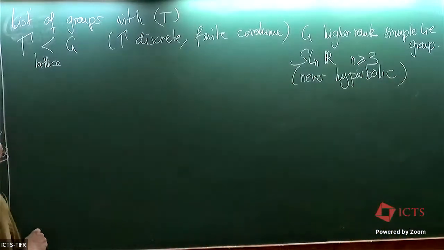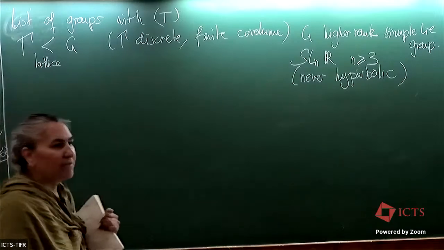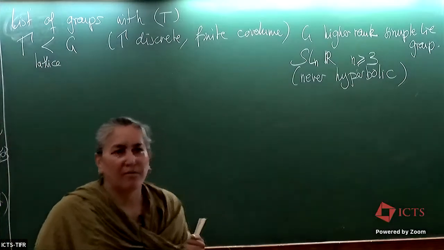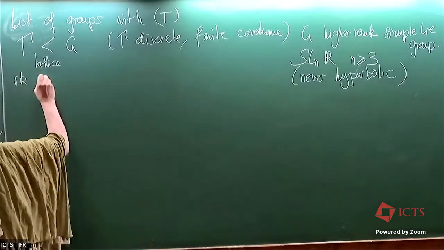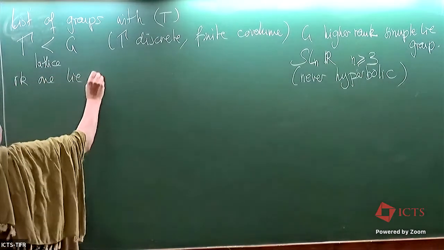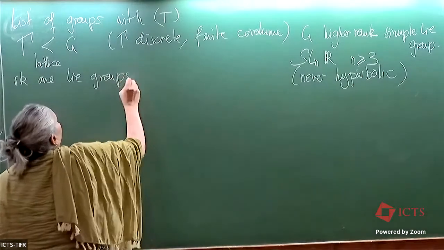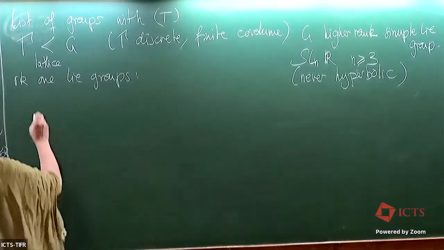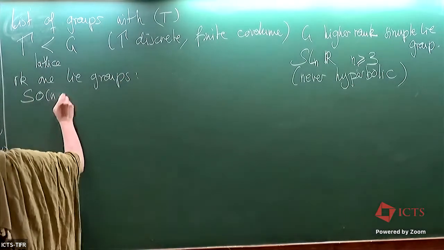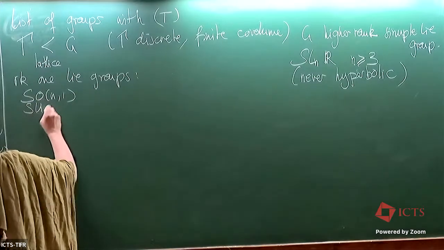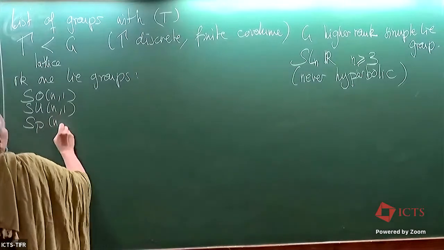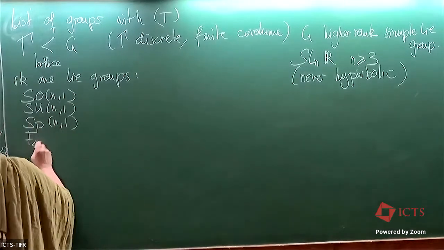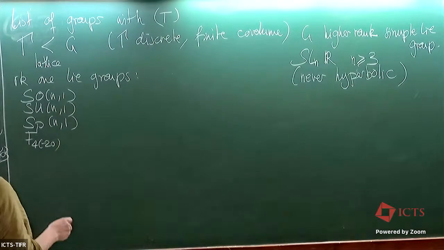And in the classification of Lie groups, you also have a list of rank 1 Lie groups. The list is SO(n,1), SU(n,1), Sp(n,1), and F4(-20).